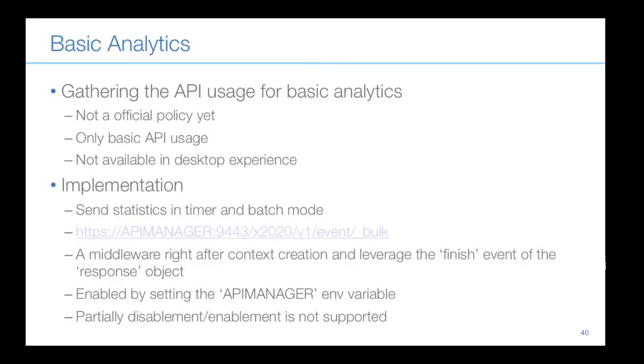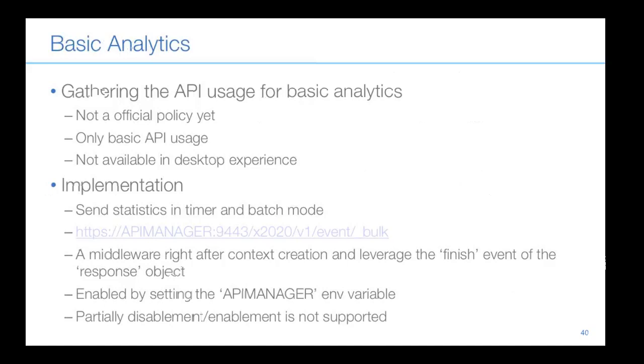Okay, so if we go to the next page, I think I list all the payloads that I send to the Elasticsearch. So that's the basic statistics that we send for the analytics.